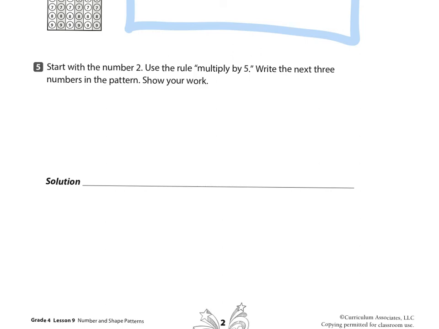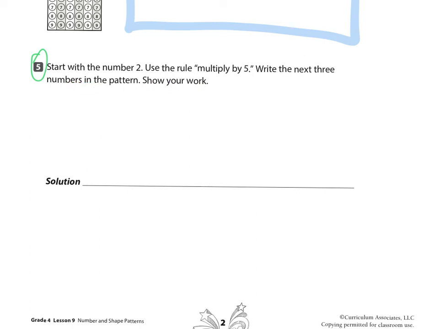And number 5 says, start with the number 2. Use the rule, multiply by 5. Write the next 3 numbers in the pattern. Show your work.